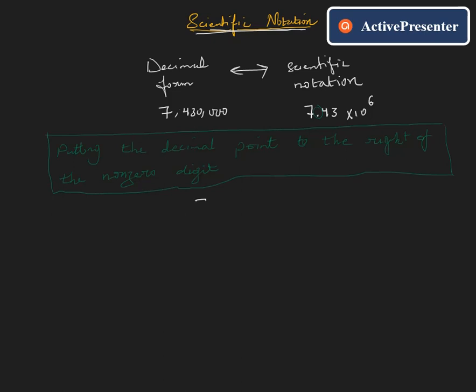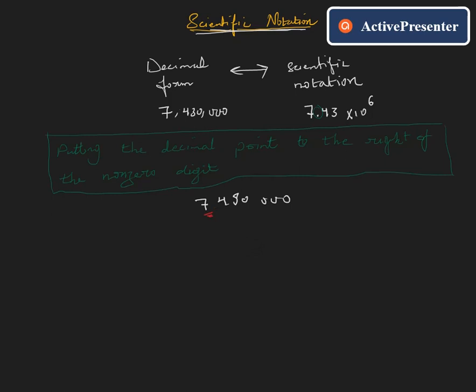Suppose in our example 7,480,000. To transform to the scientific notation, we are going to put the decimal point to the right of the first non-zero digit. This is the first non-zero digit. So we put the decimal point here and we transform it to the scientific notation.